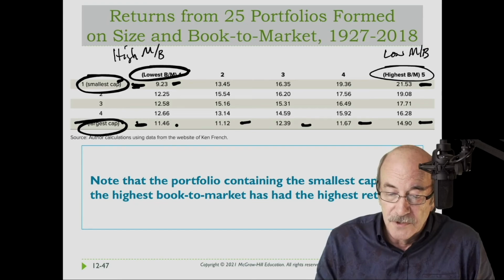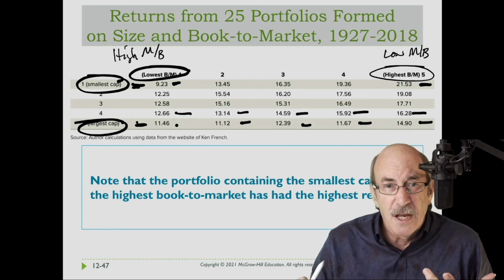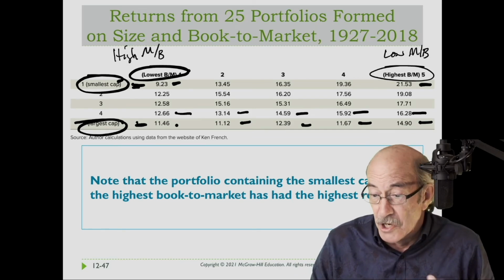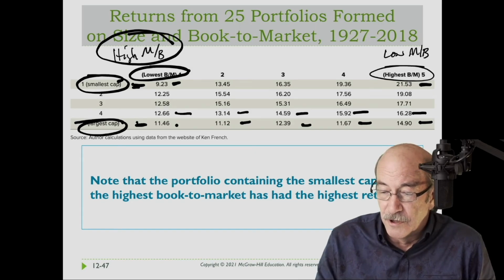And then we can see a similar trend even if we go to the fourth quintile, 12.6, 13.1, 14.6, 15.9, 16. You get the idea. You see a trend in this from high market to book, from growth companies to value companies.